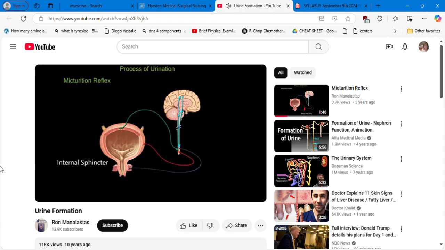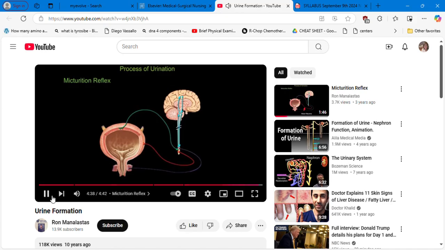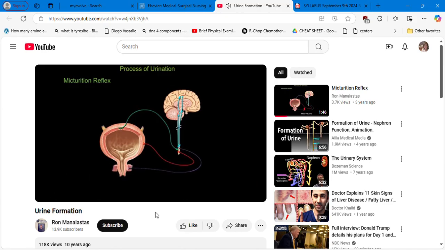It's composed of smooth muscle and under involuntary control. And an external sphincter, which is composed of skeletal muscle, which is under voluntary control. So as the smooth muscles that line the urinary bladder contract, the urinary sphincters relax and open, allowing urine to pass through into the urethra.